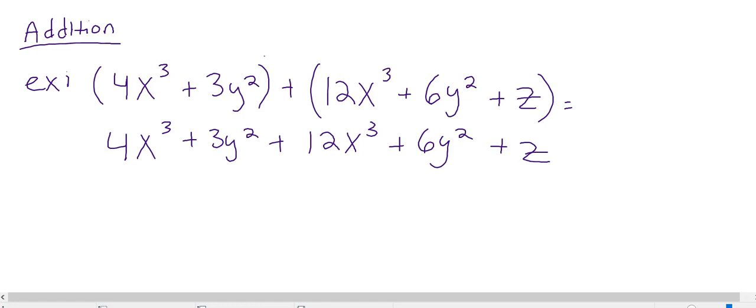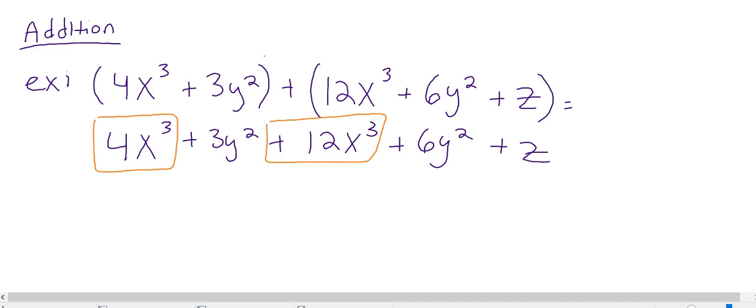Now let's see if there are any like terms that we can combine. Like terms means they have the same base and the same exponent. Do we have any more terms that have an x cubed? We do. These are like terms because they have the same base and the same exponent.